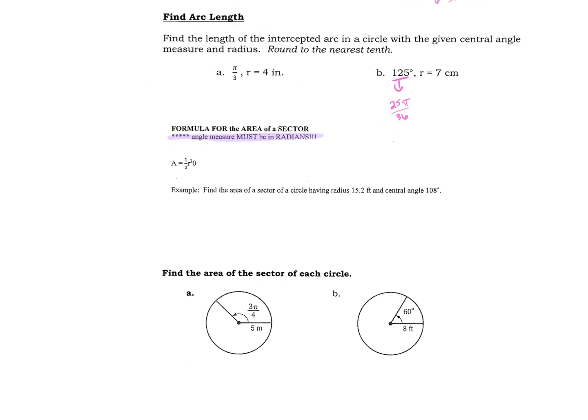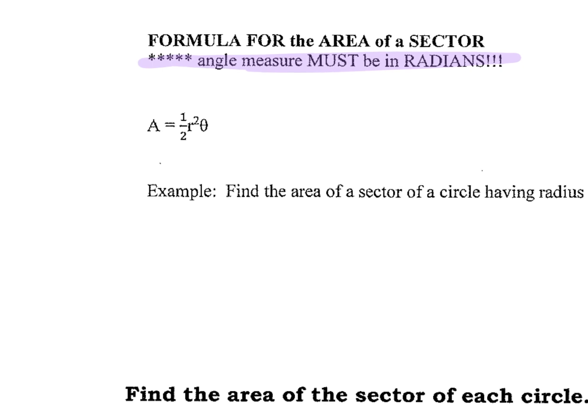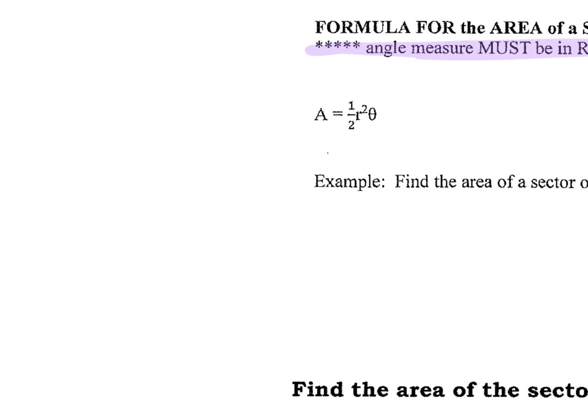Let's look at the area of a sector now, that formula. This formula is a little more involved. A is standing for the area. And then our R, once again, is our radius. And theta is our angle, right?